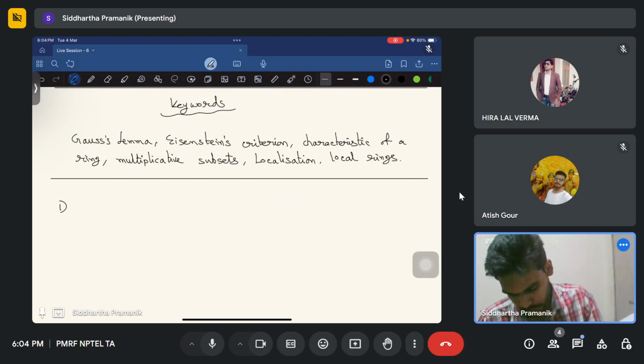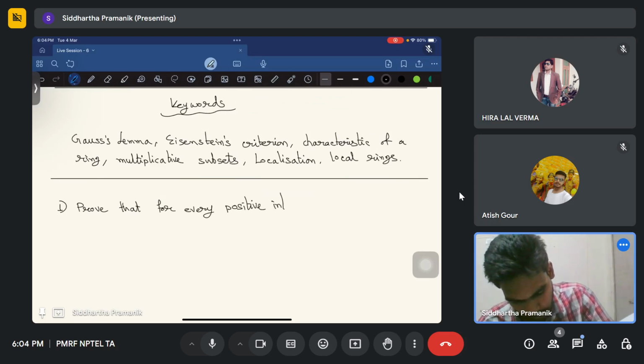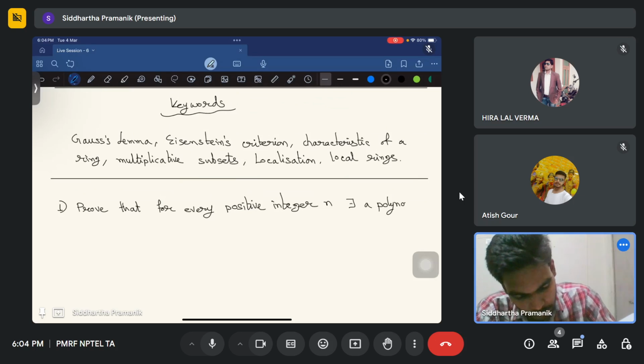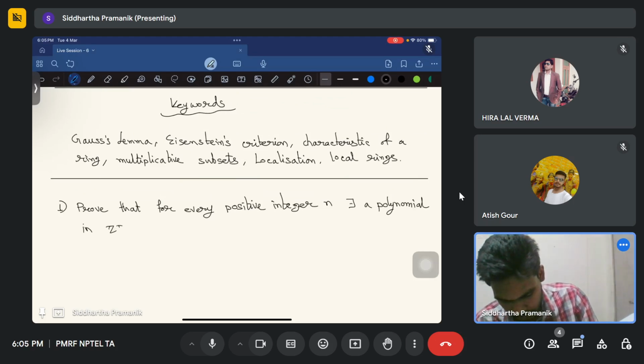Prove that for every positive integer n, there exists a polynomial in Z[X] of degree n which is irreducible.